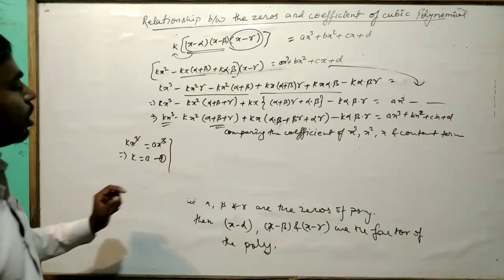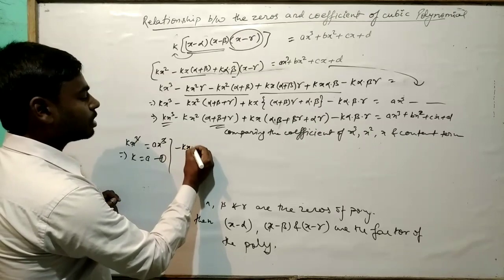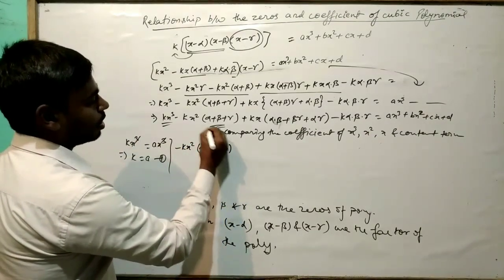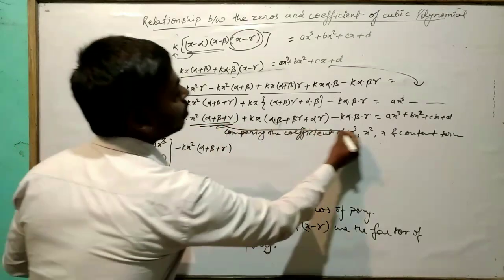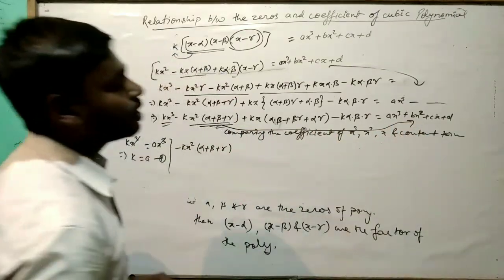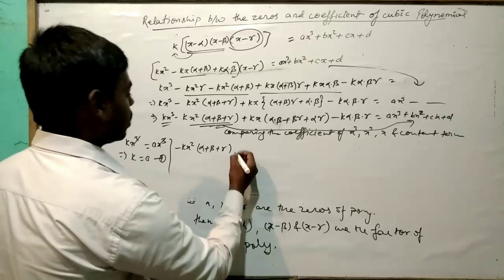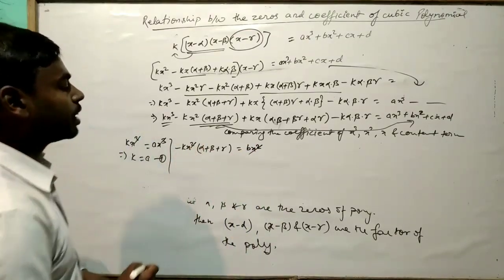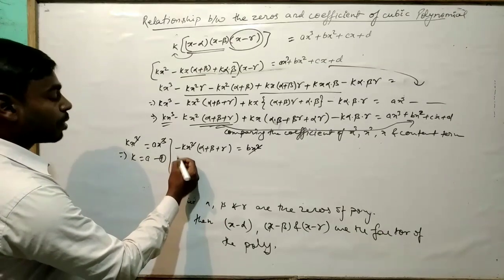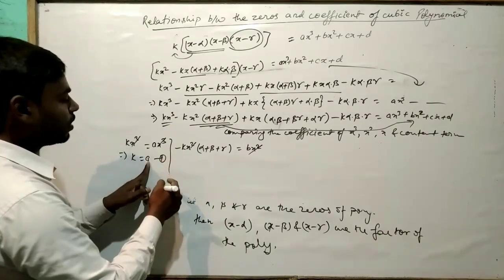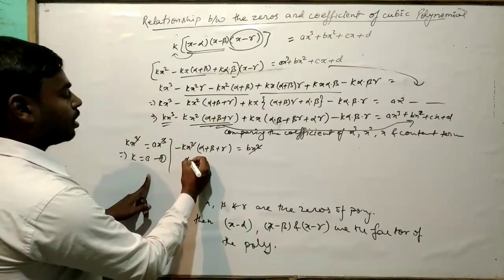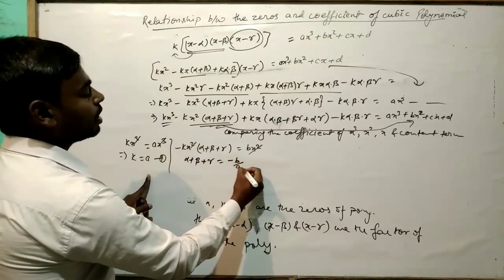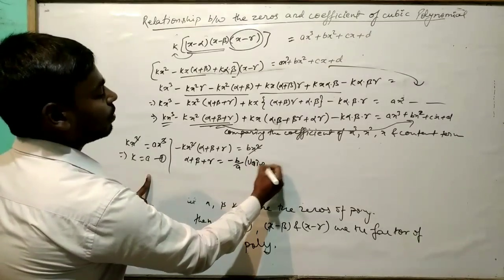Second, minus kx square into alpha plus beta plus gamma is equal to bx square. Now x square cancels, and the value of k is a. Then alpha plus beta plus gamma is equal to minus b by a, using the first.